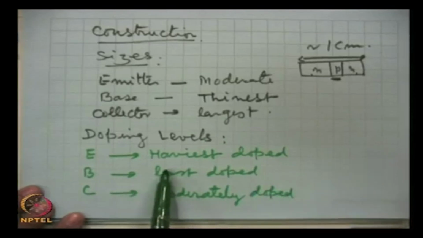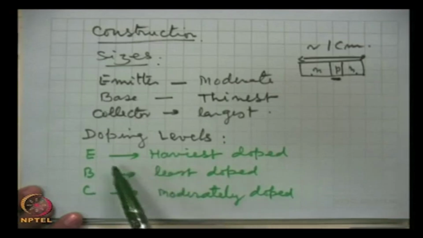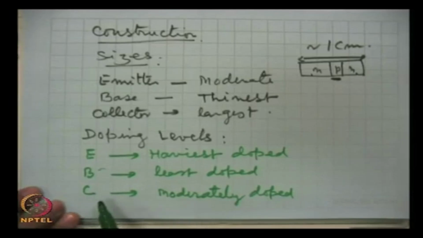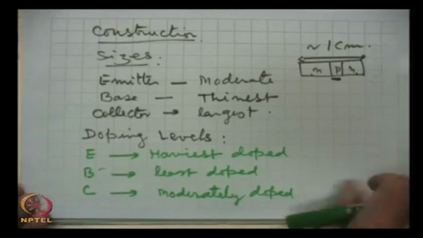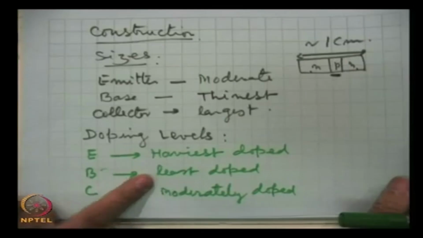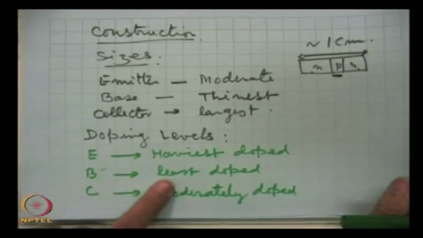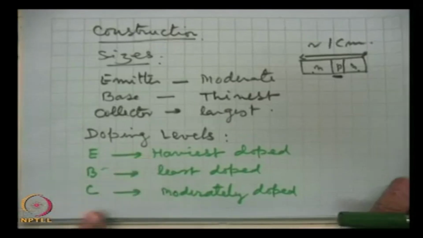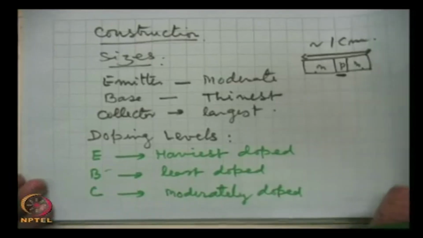So, remember, in all transistors the emitter will have the heaviest doping and the base the least doping, and the collector has moderate doping. Again, this will become clear why we need a thin base which is least doped, moderately sized, and heaviest doping for the emitter, and the collector is largest in size, but is moderately doped.